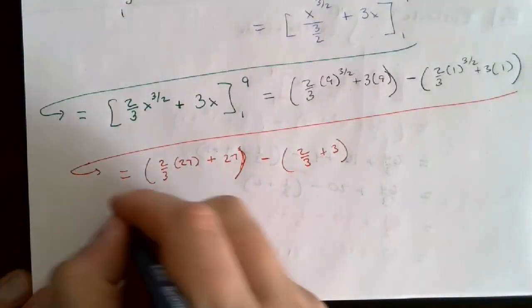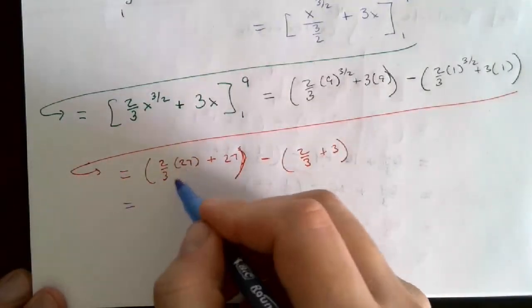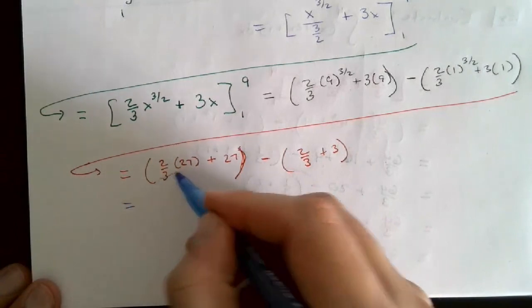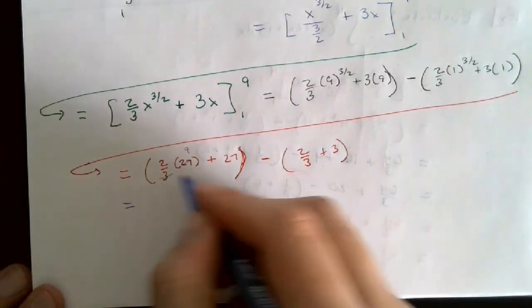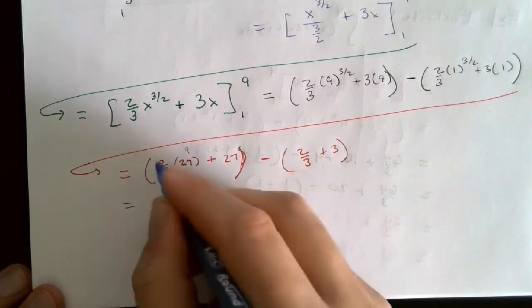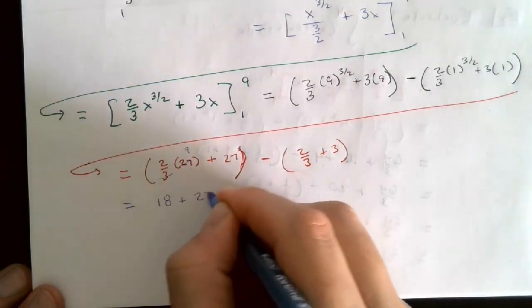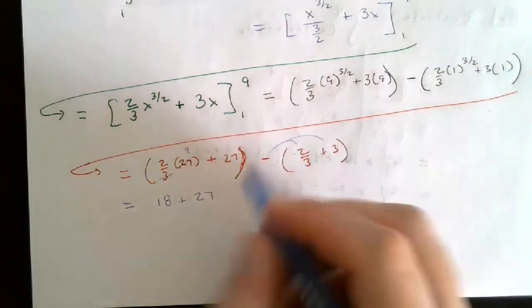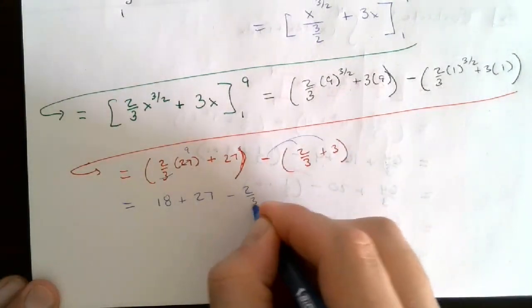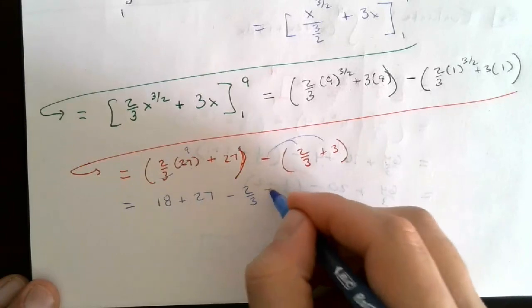We've got the 2/3 times 27, the 3 and the 27 here. 27 divided by 3 will give you a 9. So you really got 2 times 9, so you end up with 18, and I don't really need these parentheses, plus 27. I'm distributing the negative through, I've got negative 2/3. Negative times a positive makes this minus 3.